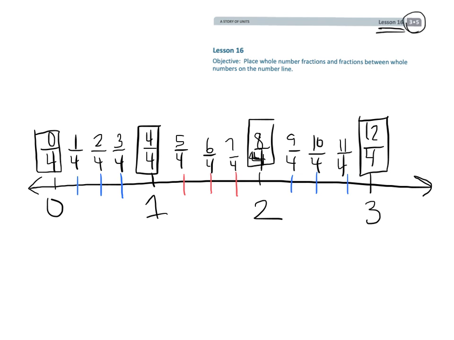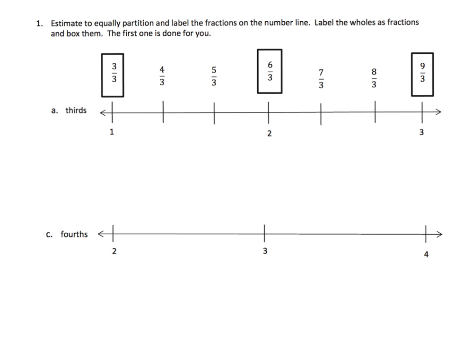Make sure students understand that relationship between the fraction and the whole number. And when they have a particular denominator, how can they identify what the numerators are going to be for each of these whole numbers, right? And we're going to just kind of practice that, but some of your students may need a little bit more explicit instruction on that. Let's get going.